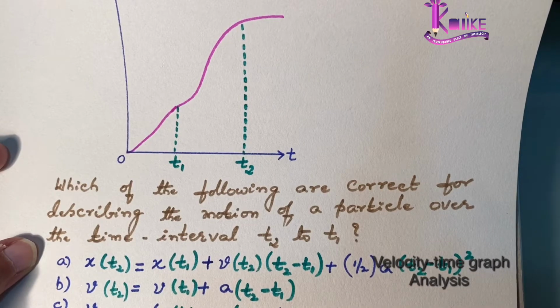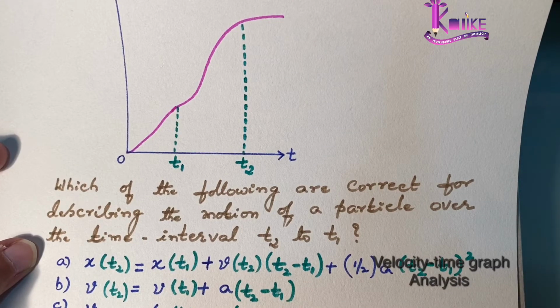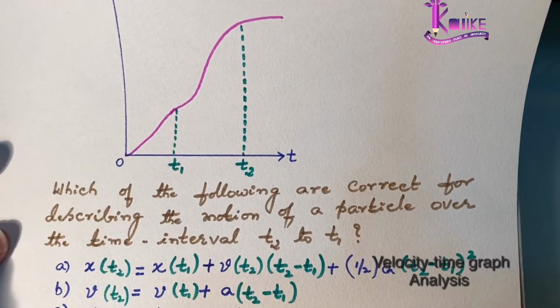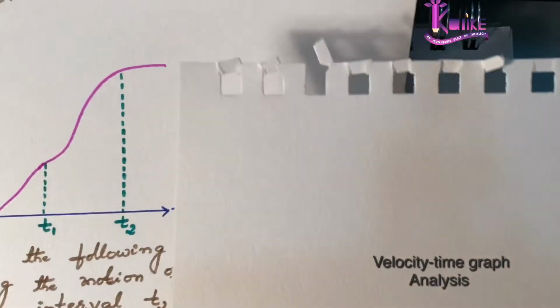So I'll rewrite this and we can check whether that will describe the given non-uniform motion in the numerical.